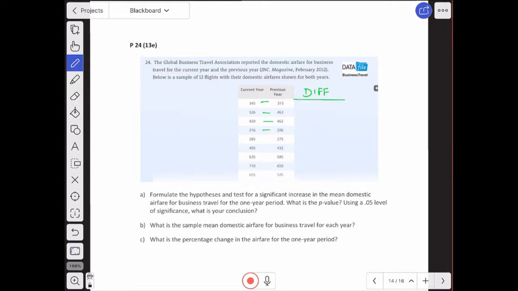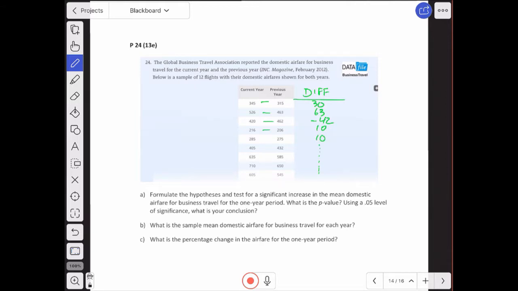So for example, the first one is a difference of 30. Second one is 63, right? Third one is negative 42. The price actually went down. Fourth one is 10, 10, and so on.